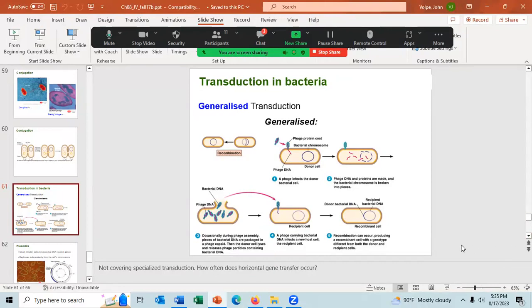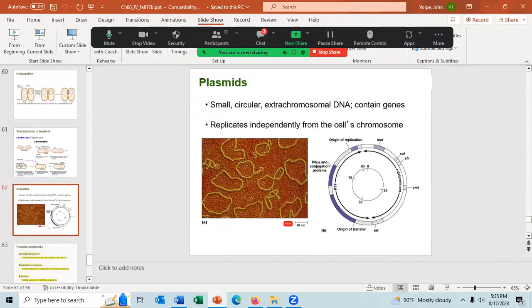Anyways, that's the way that genes can be spread around in the population. Plasmids are important because a plasmid is much more likely to move from one cell to another cell than the DNA in the chromosome.